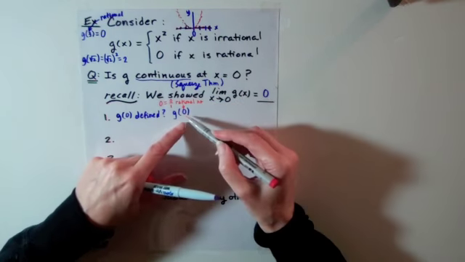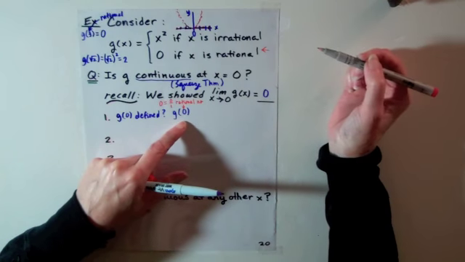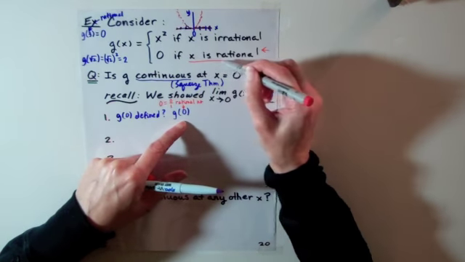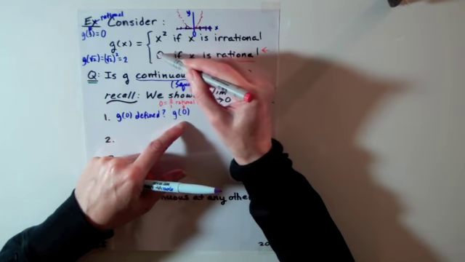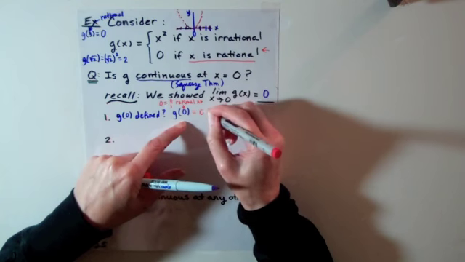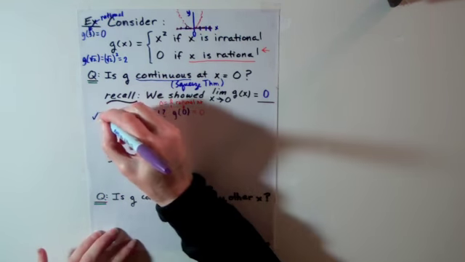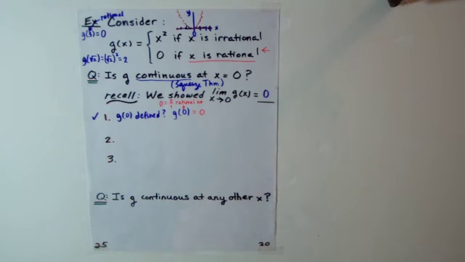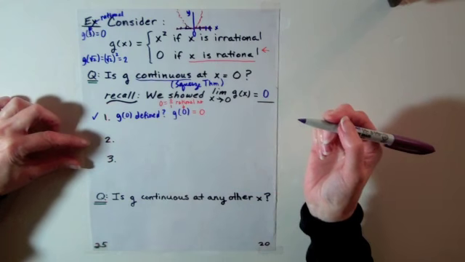If the input is rational, we have to use the bottom rule to determine the output of g. Whenever my input is rational, and 0 is rational, the output is always equal to 0. So g of 0 is 0. The first condition of the careful definition of continuity is satisfied: g of 0 is definitely defined and has an answer of 0.